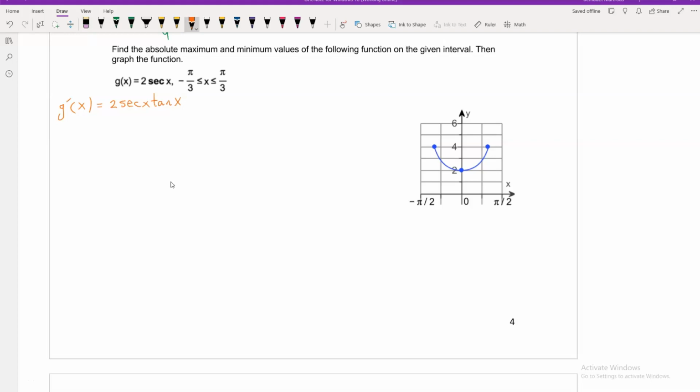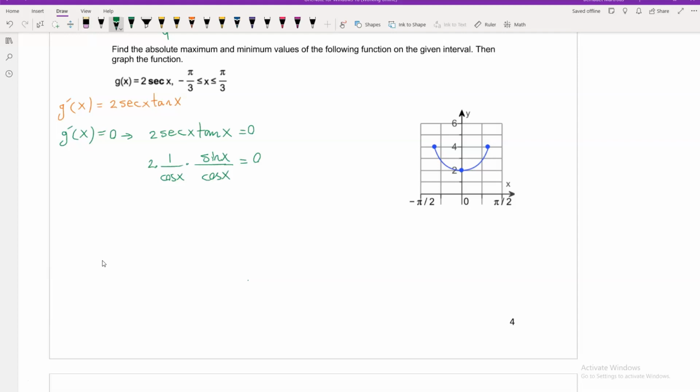and we have to find g prime of x first. That is equal to 2 secant x tangent x. Instead of secant, we can use 1 over cosine, and for tangent, we can use sine over cosine. So g prime of x equal to 0, 2 secant tangent equal to 0.